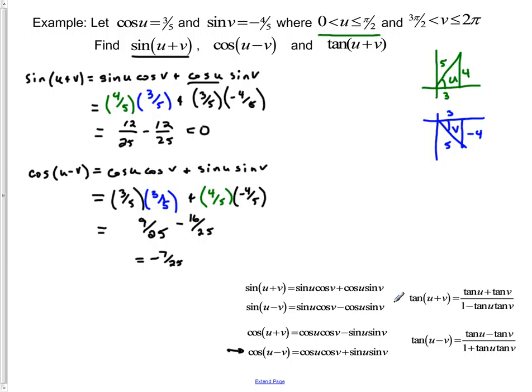All right, one more. Let's talk about the tangent of u plus v. Here's its formula. We did this one. Let's see what happens at tangent of u plus v.